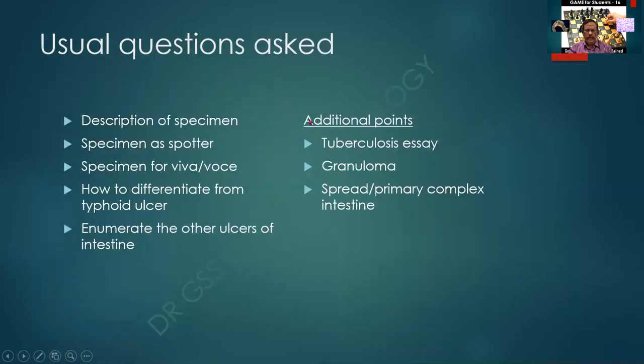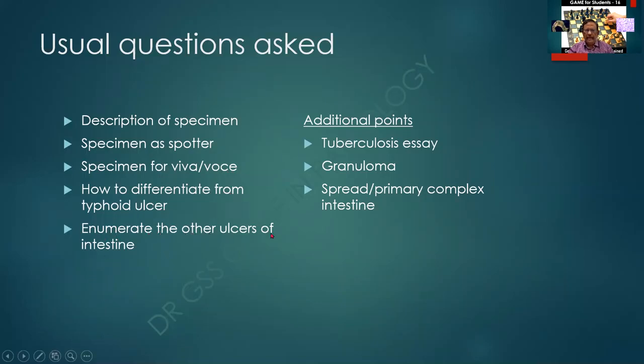What are the usual questions that are asked for the students? Description of the specimen. It will be kept for about 5 marks or so. The specimen can be kept as a spotter, and the same specimen can be kept for the Viva and OC. And when it is kept, different questions can be asked. What are the classical differences between the typhoid ulcer and tuberculous ulcer?